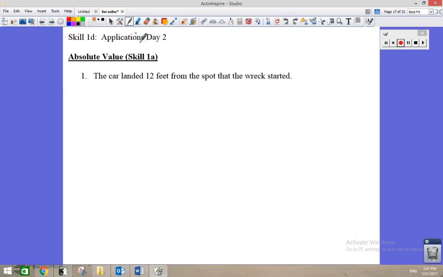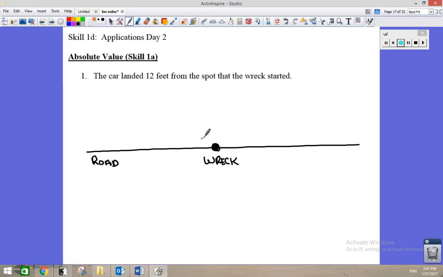A car landed 12 feet from the spot that the wreck started. So let's say that we have some road, and at this point on the road is where the wreck occurred. Now, a car is not going to hang in the air when it says that it's landed.